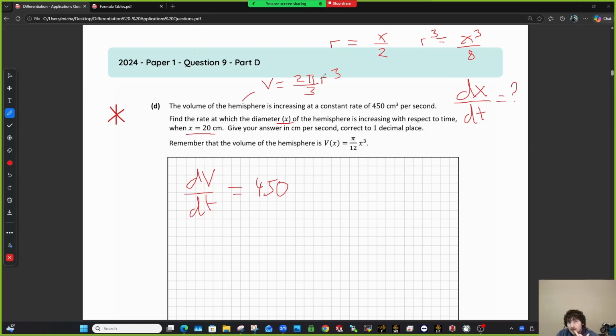And you put that in there, you'd get pi x cubed. The 2 would cancel with the 8 to give a 4, and then your 3 by your 4 gives a 12. So you could have derived this formula yourself, but they were quite nice here this year, and they just gave you the formula. So V for volume is pi x cubed over 12. Okay, so they gave us that. We don't need this.